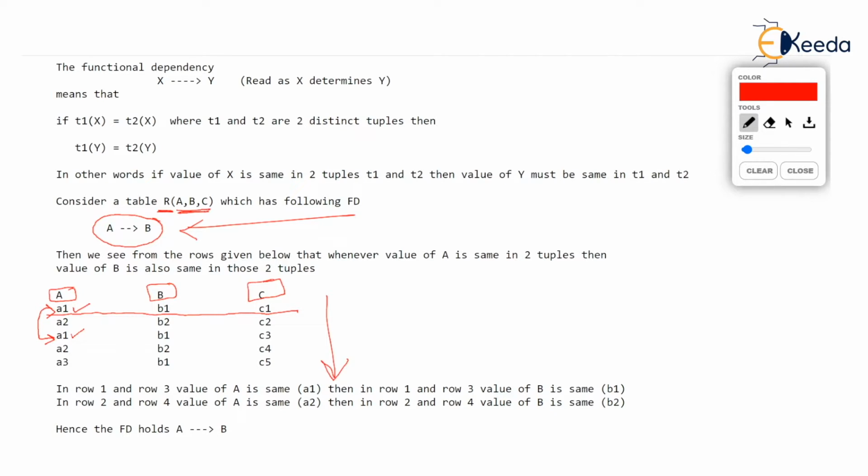And we have been told that A determines B. Then in these two rows, if the value of A is equal, that is A1, then the value of B is definitely equal, or must be equal, in those two rows. Check that the value of B is B1 and B1, the same in those two rows.